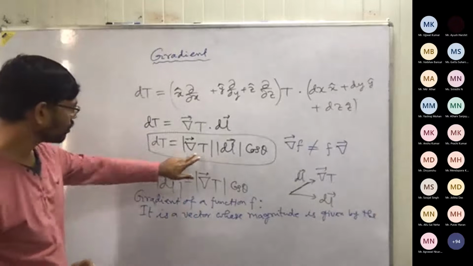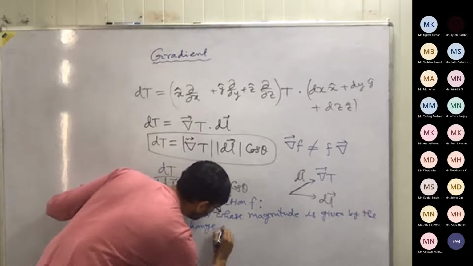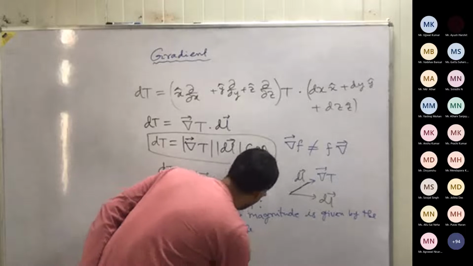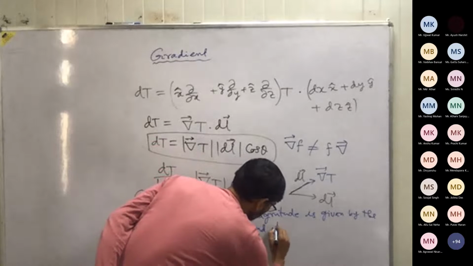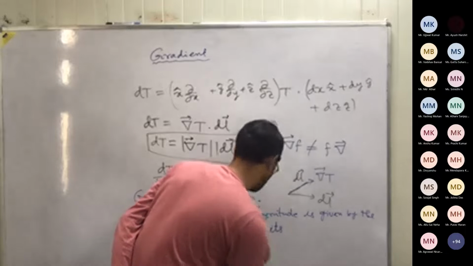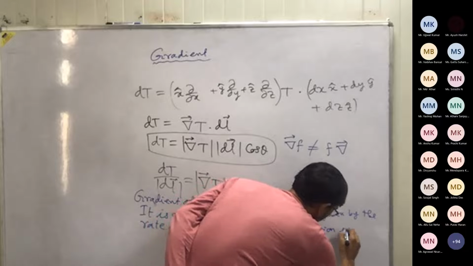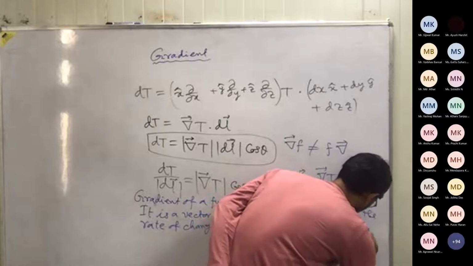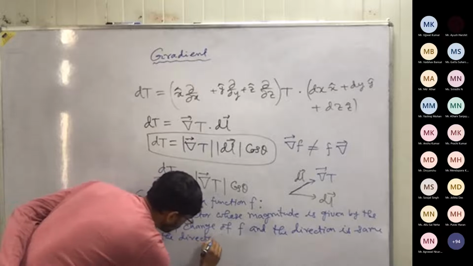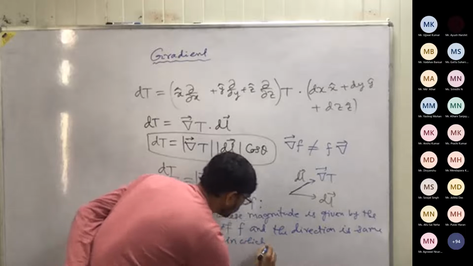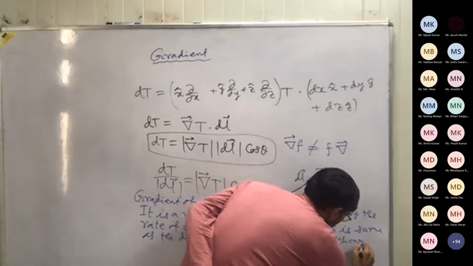Its magnitude will be given by the rate of change of this function f, rate of change of f, and its direction is the same as the direction in which the maximum change occurs.